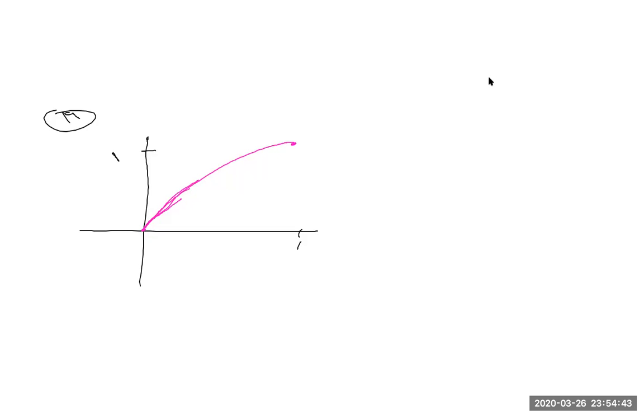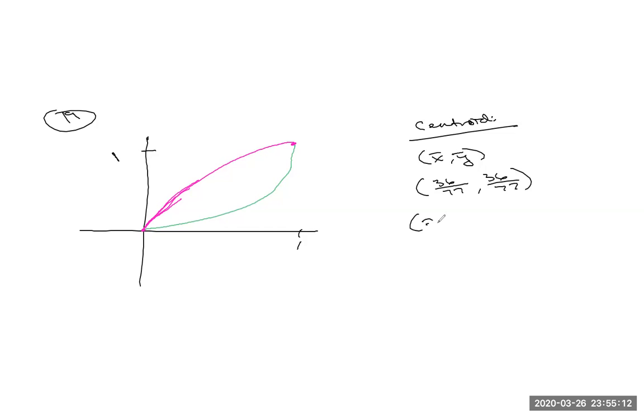And then we had our bottom function. Looks something like this. So then what we found is that for our centroid, at x bar, y bar, we get 36 over 77, 36 over 77, which is about 0.47 in terms of coordinate.